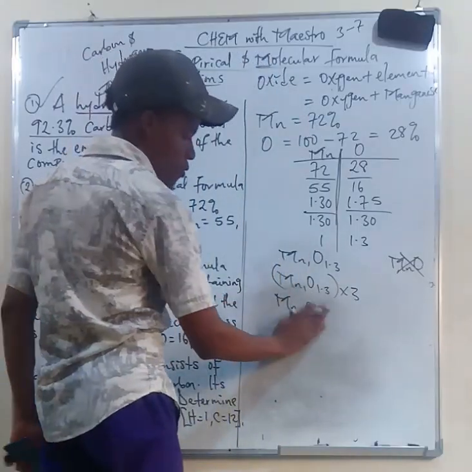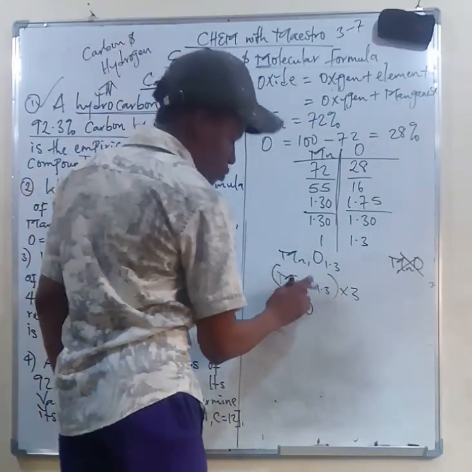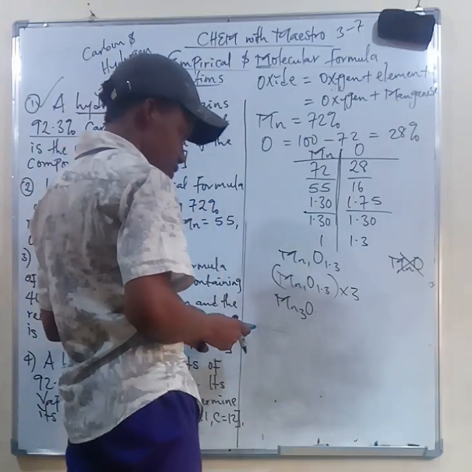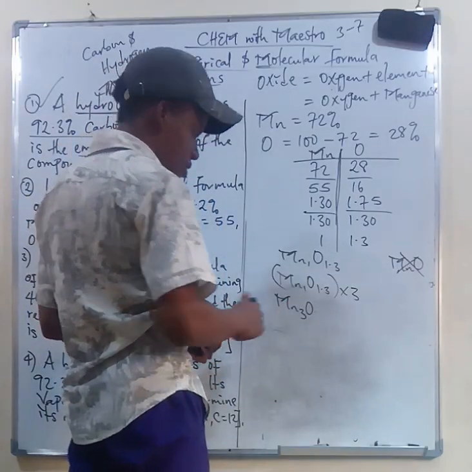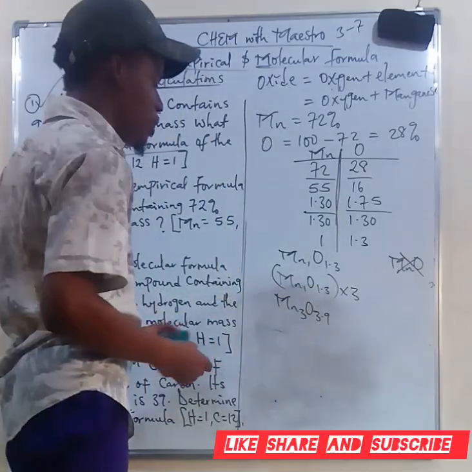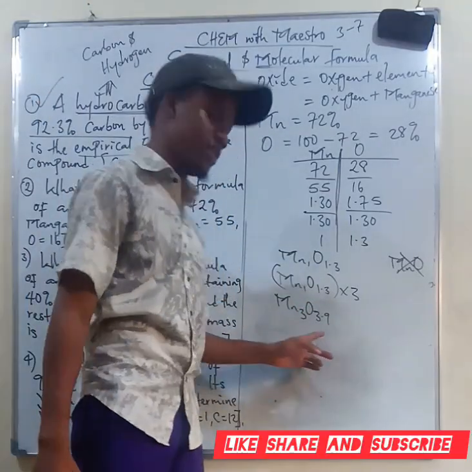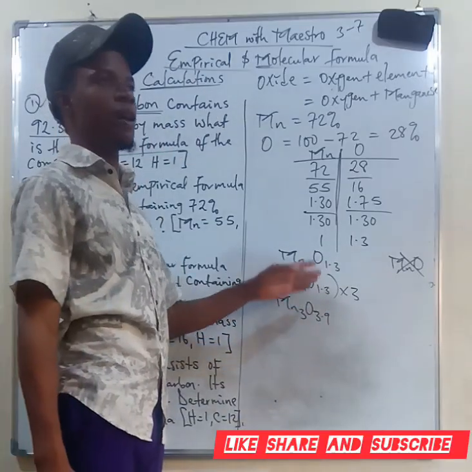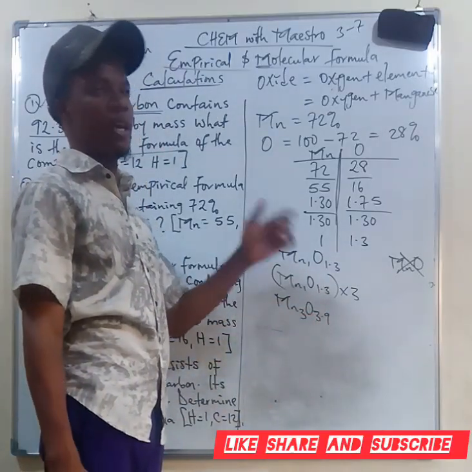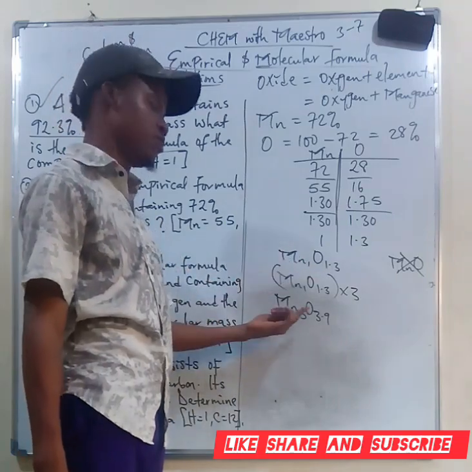So 3 times 1 is 3. Then 1.3 times 3, what do we get? 3.9. Can we approximate? Yes. I told you if the number after the decimal point is 0, 1, 2 or 8 to 9, then you can approximate.